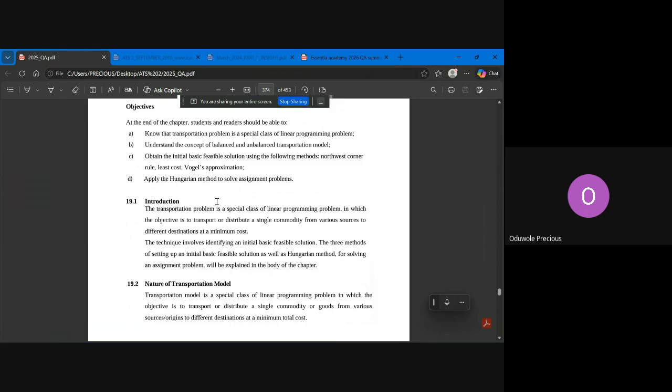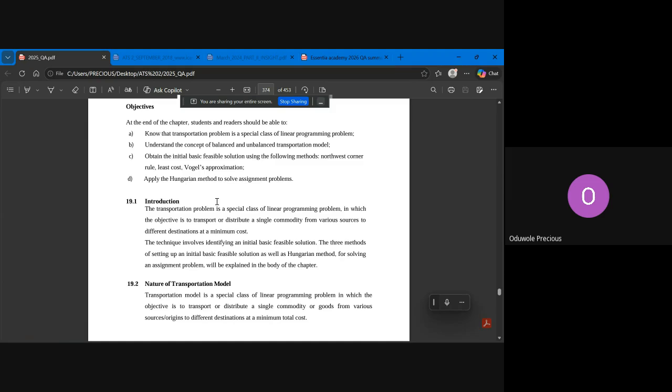The minimum cost. Okay. So the technique will involve identifying what you call an initial basic feasible solution. That's what I was trying to tell you at first, that you want to determine how feasible what you are doing is. And you know the meaning of feasible, right? How will I explain it in English? Is it possible?